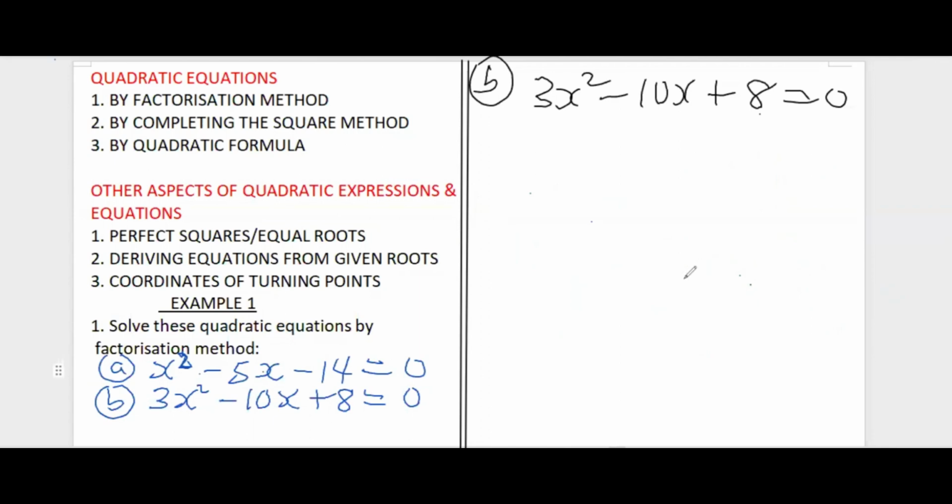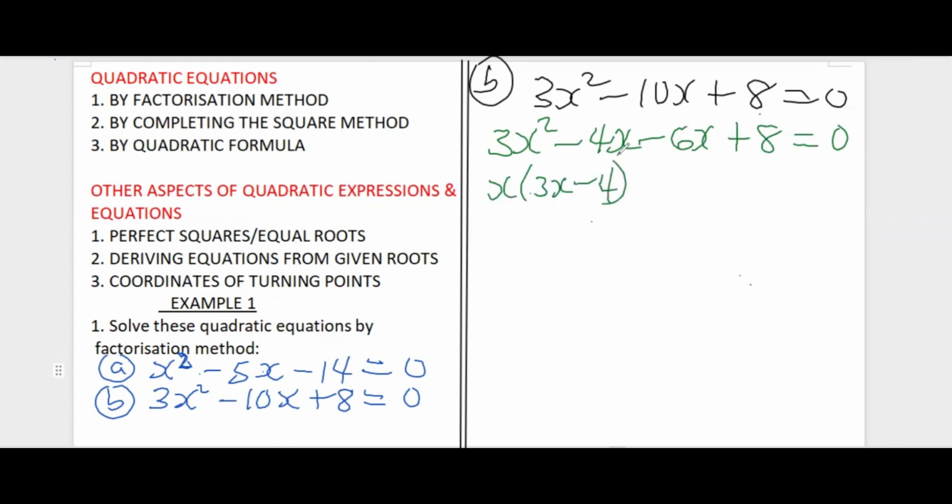Now we have 3x squared minus 4x minus 6x plus 8 equals 0. Then you factorize. So what is common between this and this? That is x. x is a factor: x times 3x minus 4. Then here, once you factor out negative, be careful, the next one, what is common between here and here?